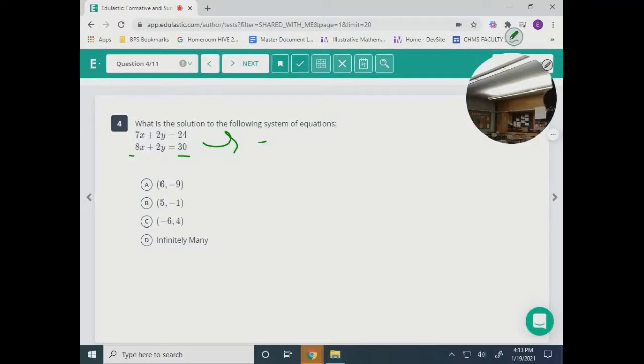I'm going to say -1 is going to be distributed to my 7x plus my 2y is equal to 24. Okay, and I'm going to distribute. It's going to be a -7x minus 2y is equal to -24. Bring my other equation underneath: I have my 8x plus 2y is equal to 30.